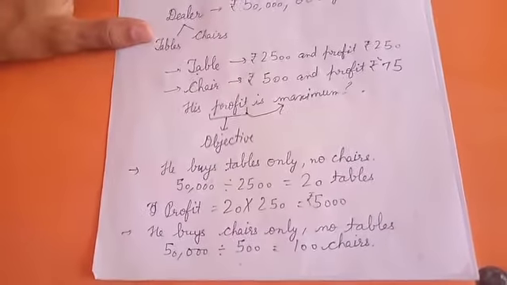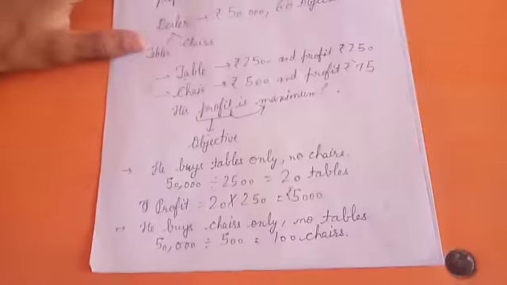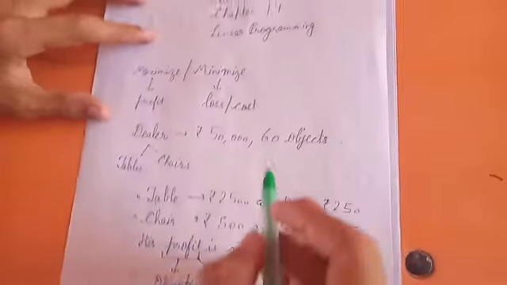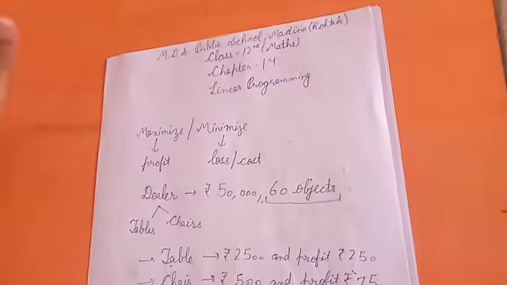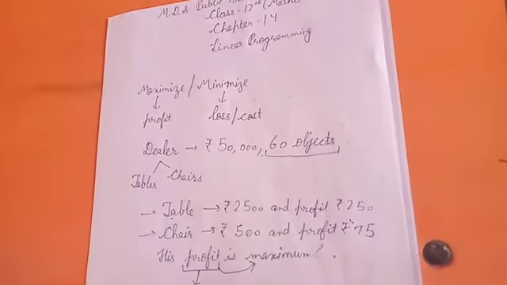Okay, but what is given to us in our question? That he can keep only 60 objects. Okay, so he is forced to buy only 60 chairs.